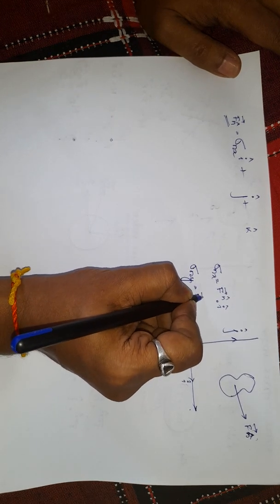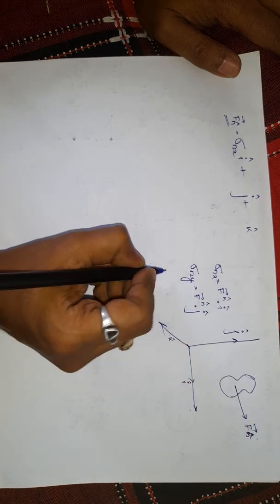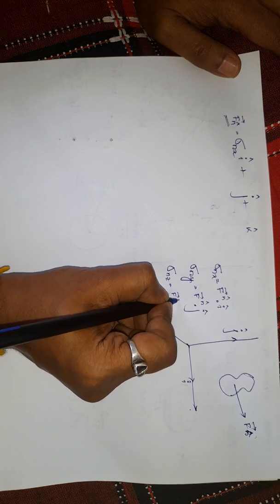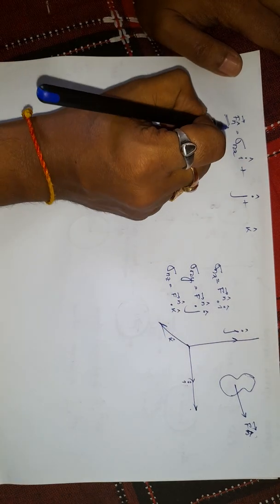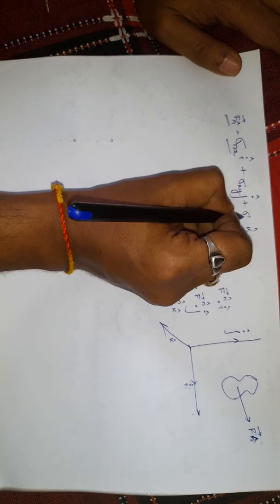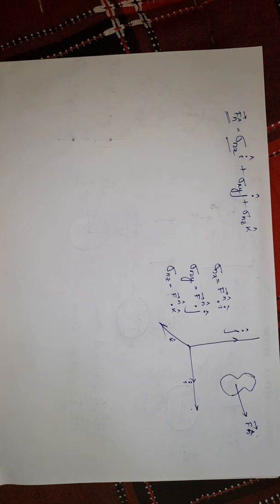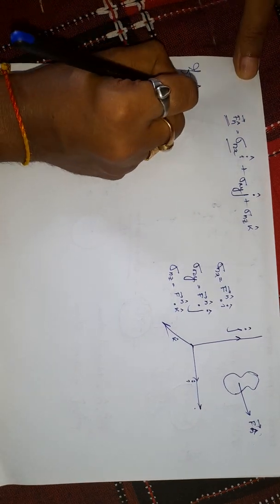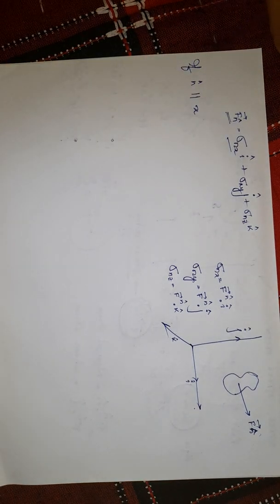This will be the component of stress vector along the y-axis. And sigma nz is the component of stress vector along the z-axis. So first component, second component, third component. This is simply our consideration. Clear?